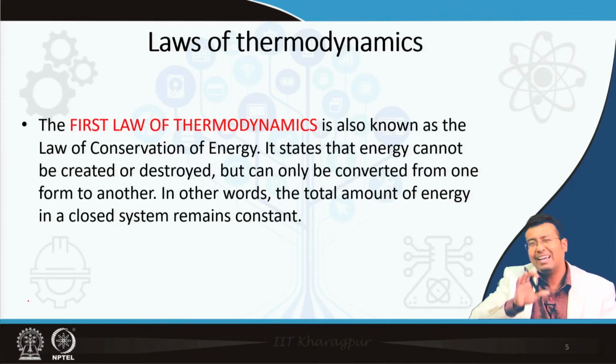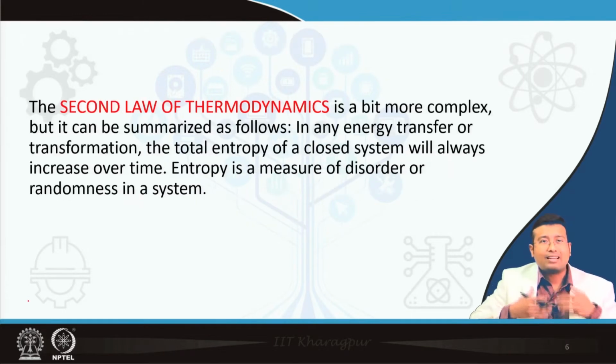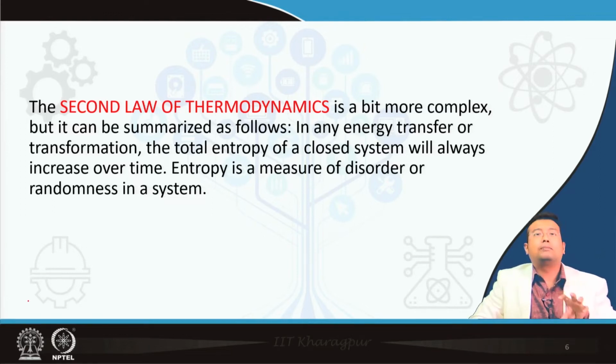This law is actually easy to understand. The second law may not be as easy to read, so we have simplified the concept for you. It states that in energy transfer or transformation, the total entropy of a closed system will always increase over time. So, the very important concept of entropy is introduced in the second law of thermodynamics. What is entropy?